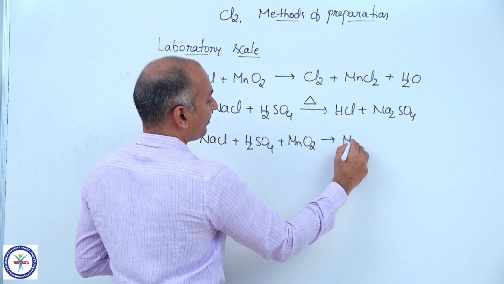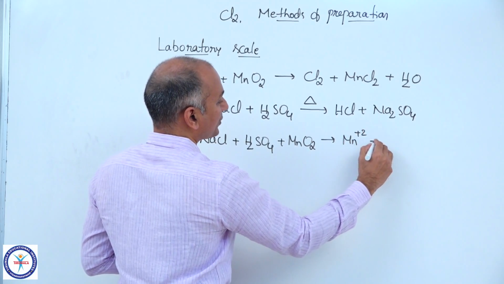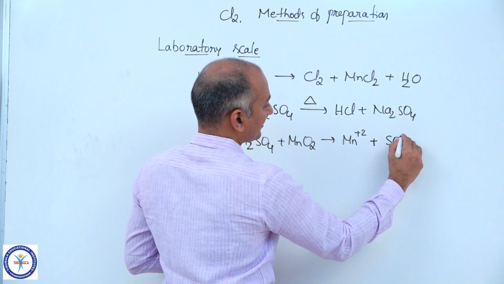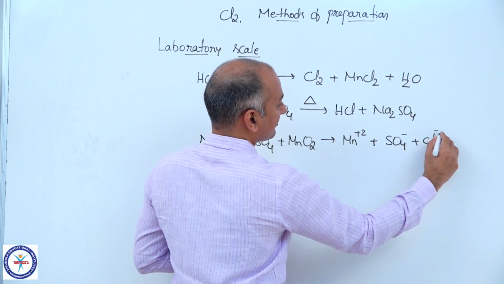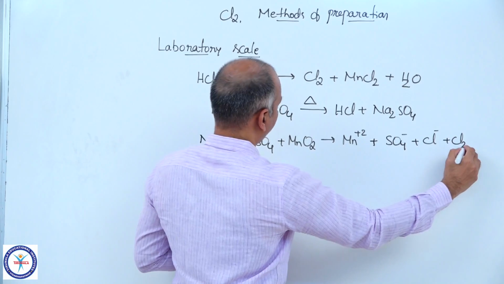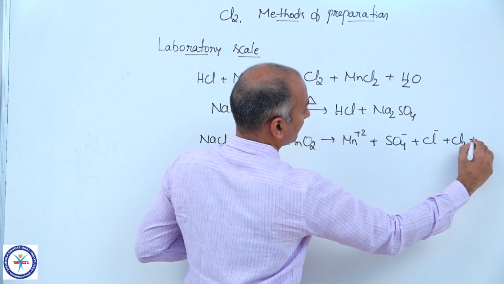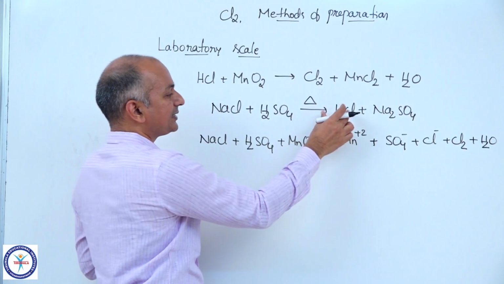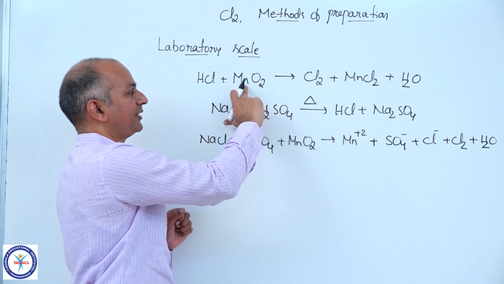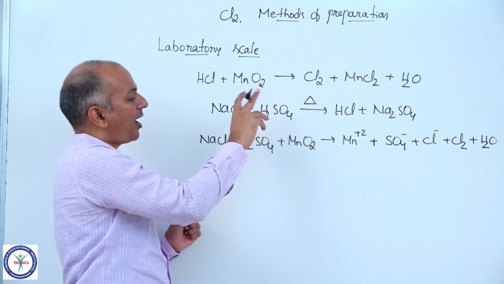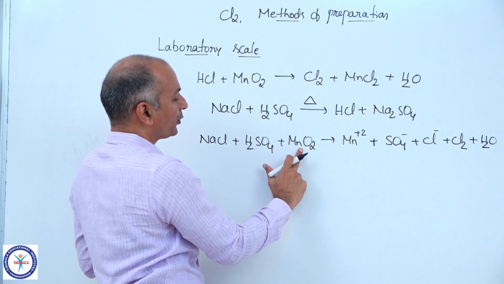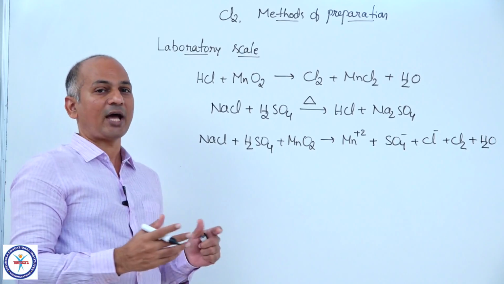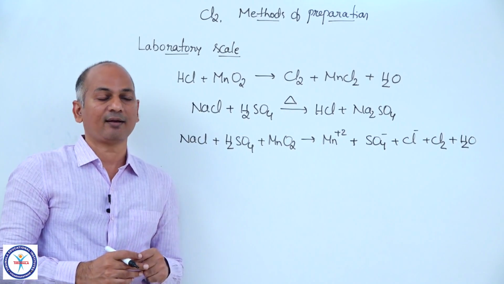That Mn4+ is converted into 2+, the sulfate ion remains as it is, and you get Cl2 plus water. So first you prepare HCl and then treat HCl with MnO2, that is one way, or you can add the MnO2 directly to a mixture of aqueous NaCl and aqueous H2SO4. Either way you can prepare chlorine.